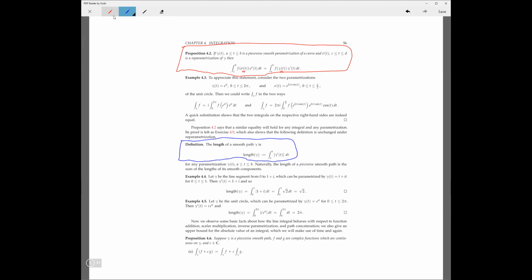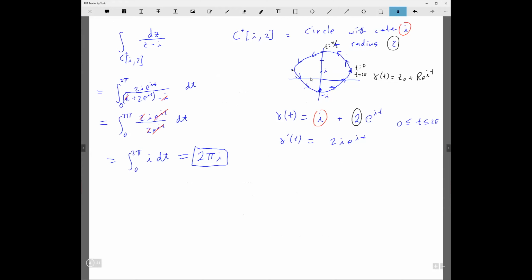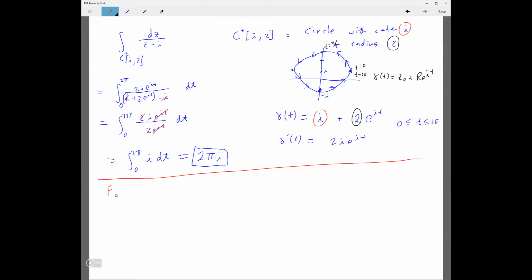So let's go back to the previous problem, and we'll say, find the length of this circle.